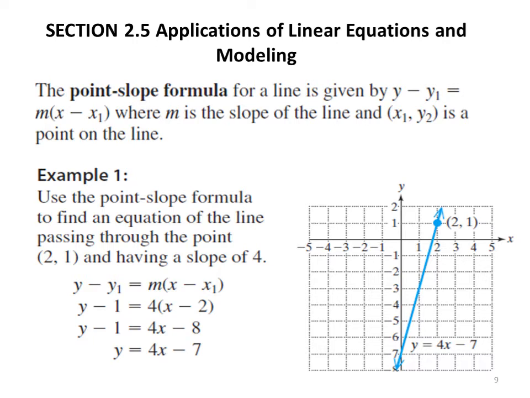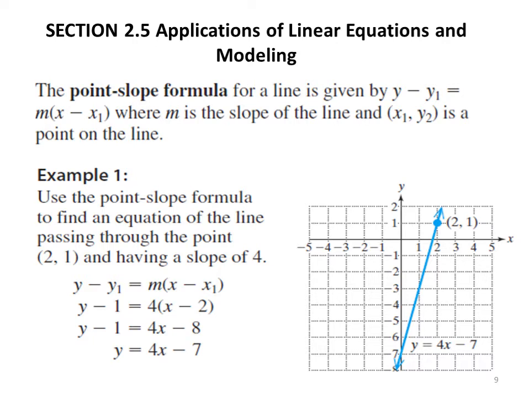Here x1 and y1 are the coordinates of the known point. That's the point we know. m is the slope of the line, and x and y are the variables. So once you substitute the values for x1 and y1 and for m, the slope, then the result will be the equation of the line.